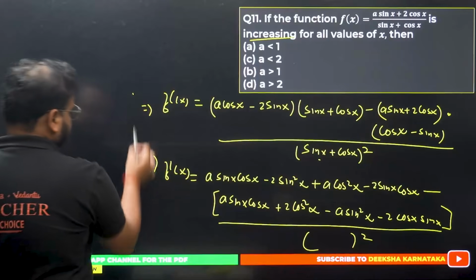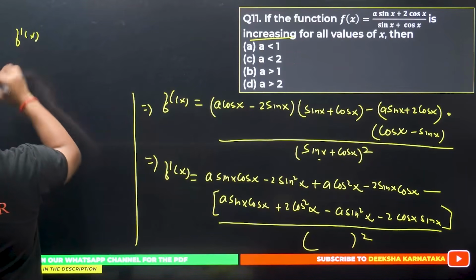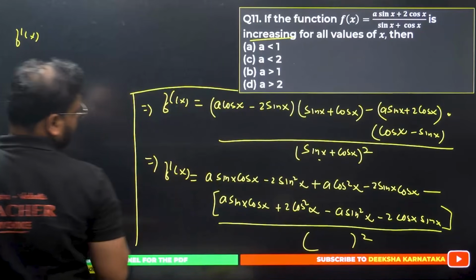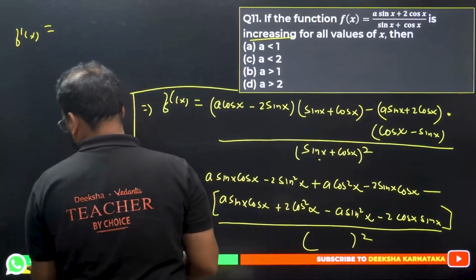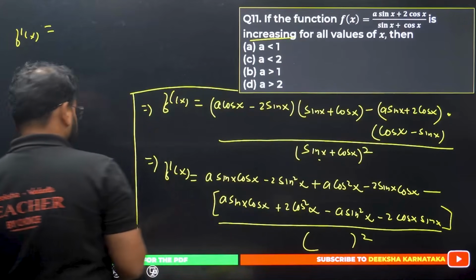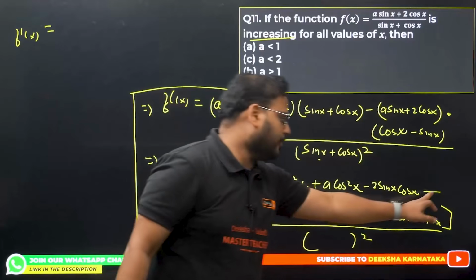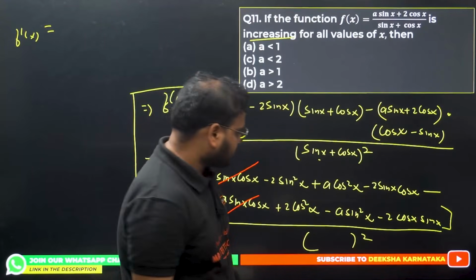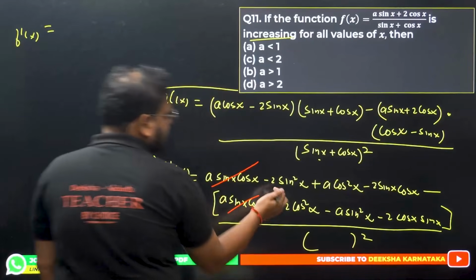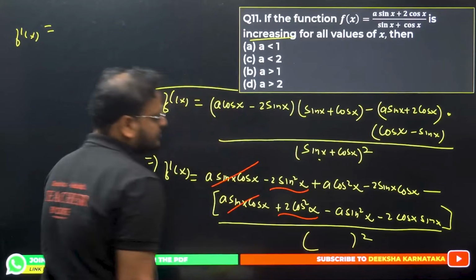Now check carefully. Over here, I have to continue f dash of x. For this, what do I have? A sin x cos x cancels this a sin x cos x because we have a minus sign over here. This and this will cancel each other. Anything else? No. So I'm getting this as minus 2 sin square x and minus 2 cos square x, because there's a minus sign outside.